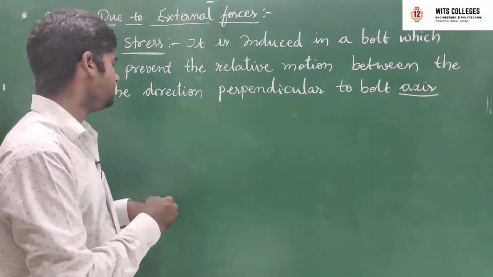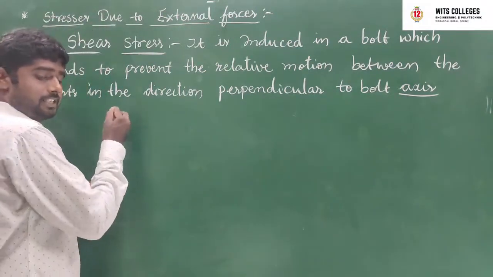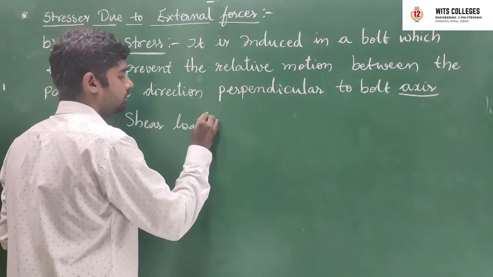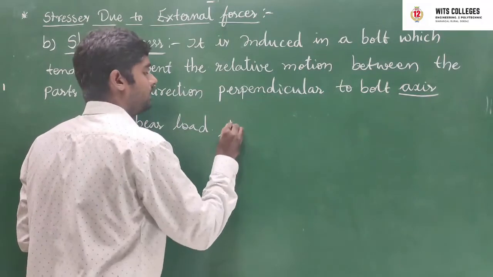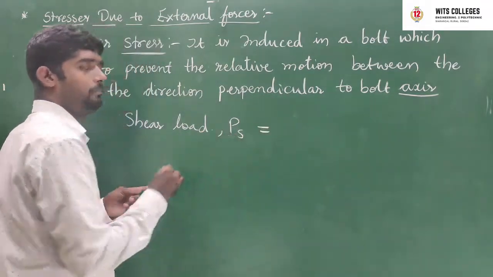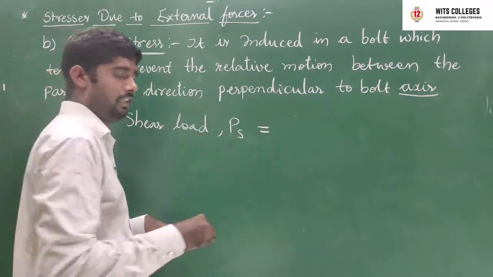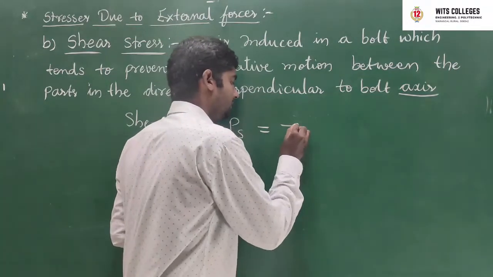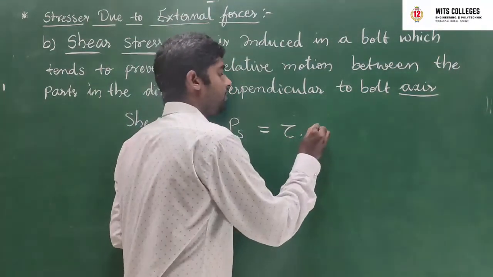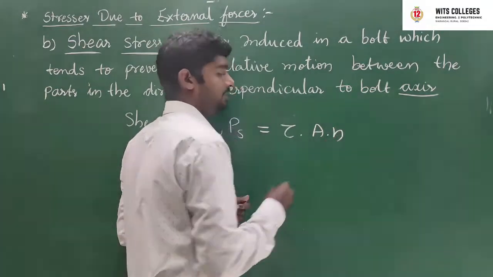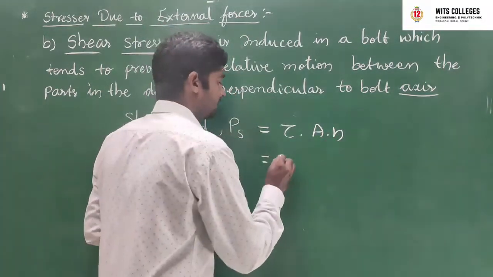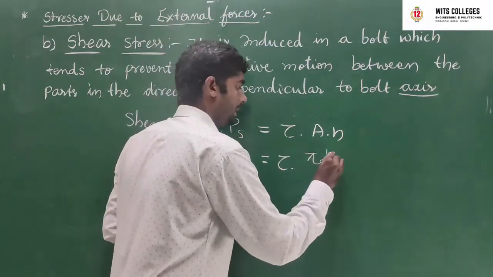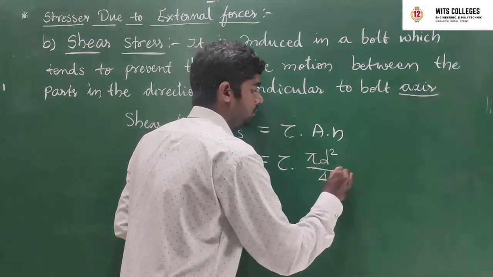Shear load is denoted by PS. We already know that load is equal to stress into area into number of bolts n. So PS is equal to shear stress into pi d square by 4 into n.